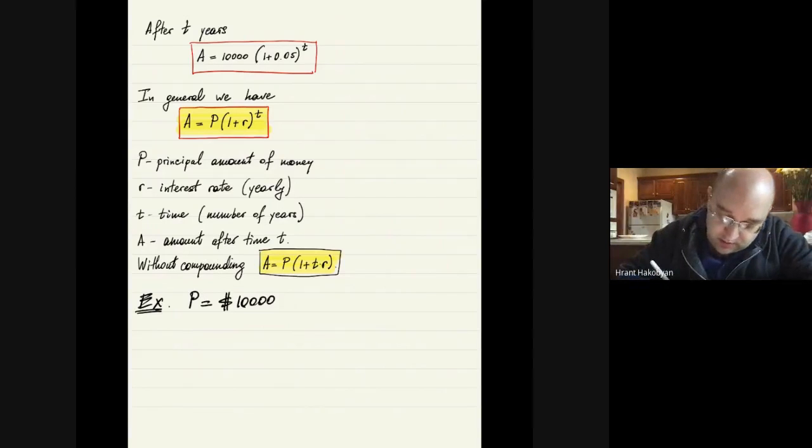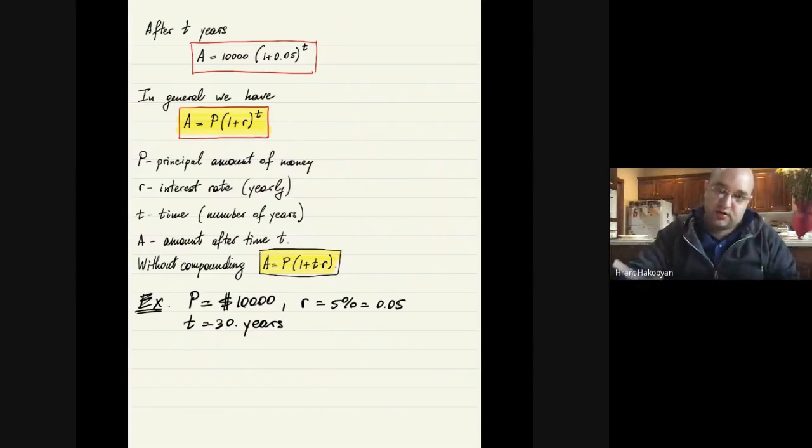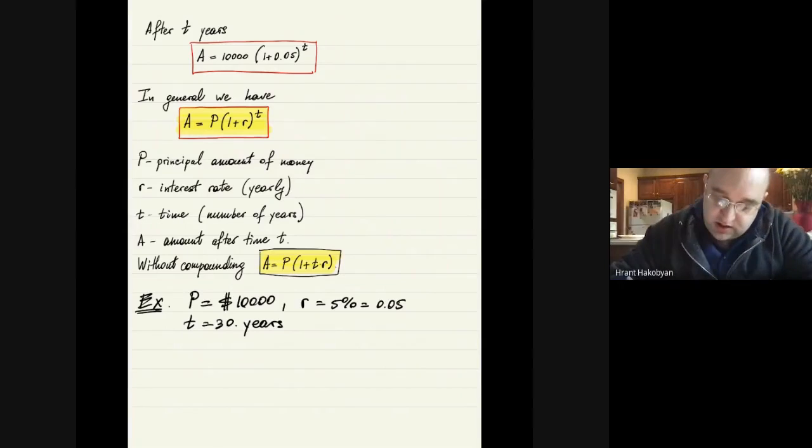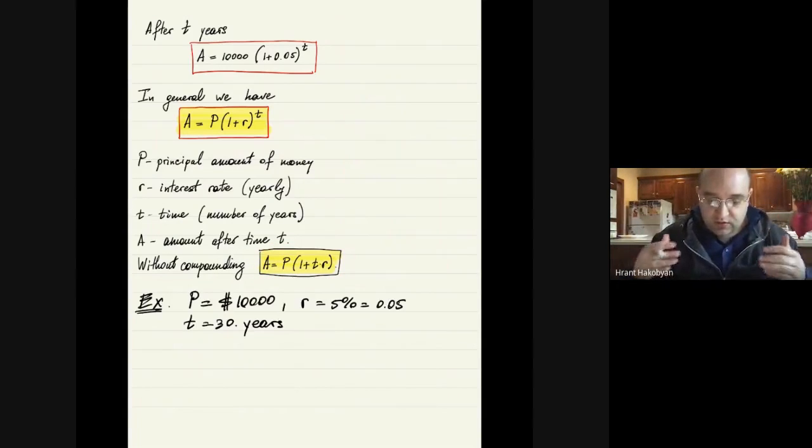That's my P. The rate is 5%, or 0.05. And let's say I'm putting the money in for 30 years. Let's see what happens to the account after 30 years if I use this formula first. So let's assume I'm using this, so I get 5% of the 10,000 added every year.